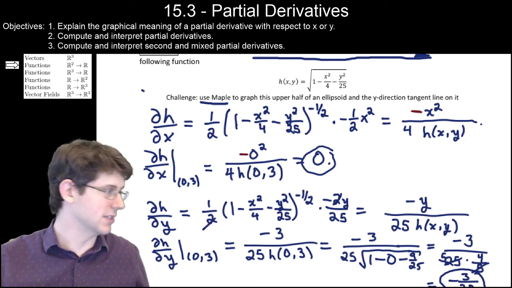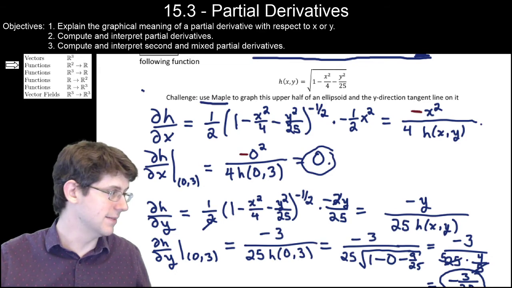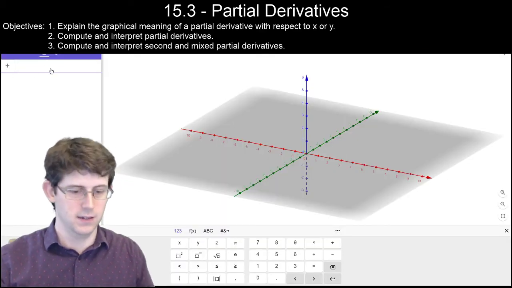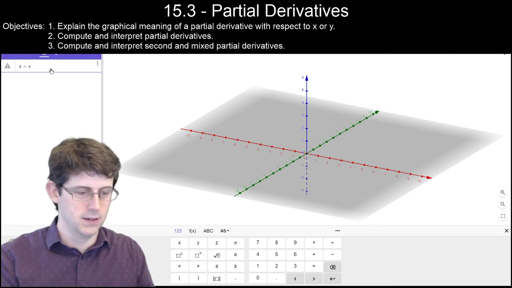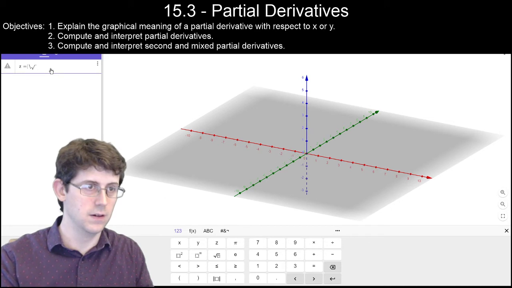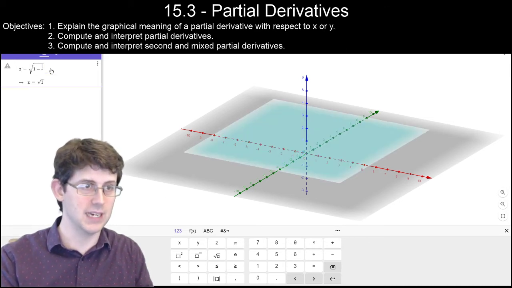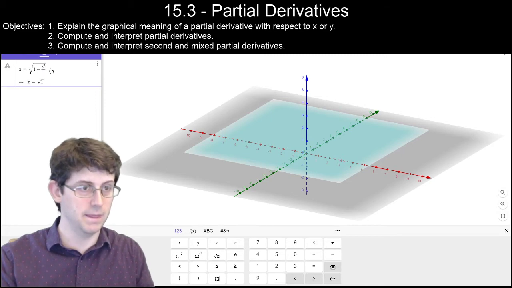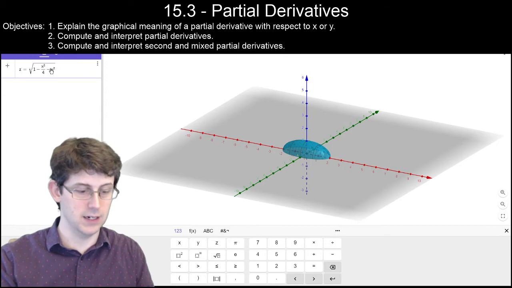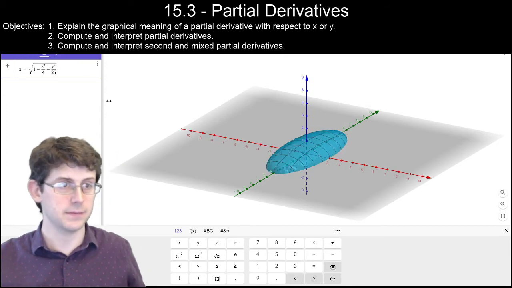So remember, I'm going to geogebra.org/3D, which is our favorite 3D grapher. Square root. Can I get inside the square root? 1 minus x squared over 4 minus y squared over 25.